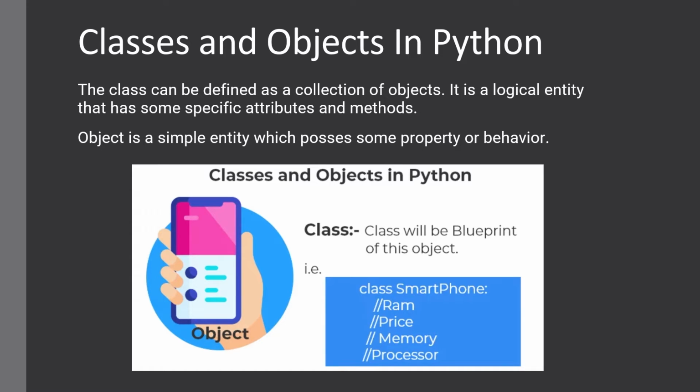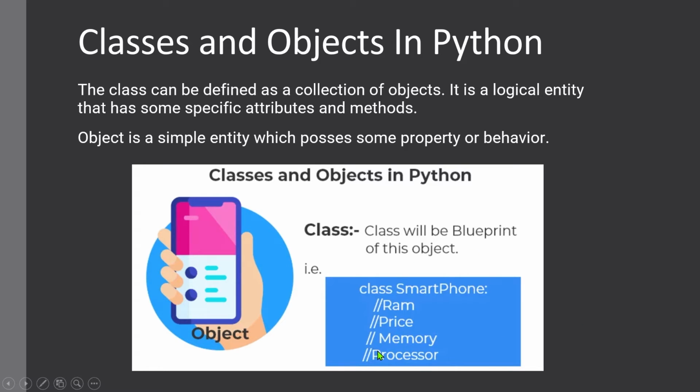Now let us take an example to understand classes and objects. In this diagram you can see that we have a phone, and we know that there are some properties on the basis of which we buy a phone. The properties of a smartphone are RAM, price, memory and processor. So we can create a class named smartphone, and in that we can use four properties, that is RAM, price, memory and processor.